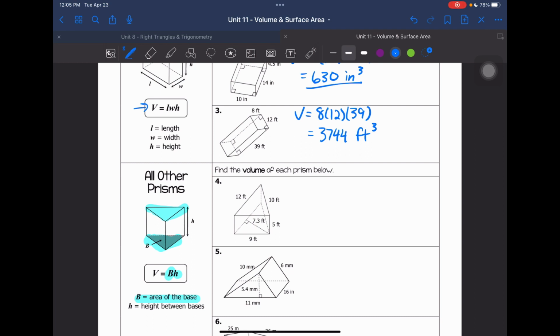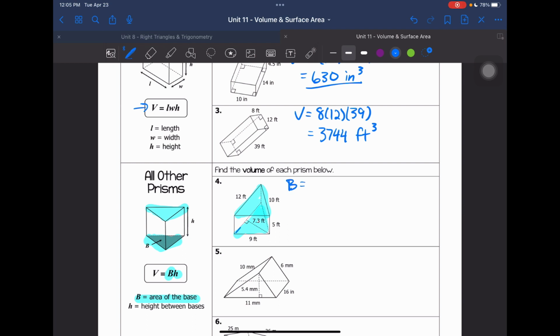Number 4 is a trapezoidal prism, and it seems like we have a triangle on the bottom down here and a triangle on the top. The first thing I want to do is calculate the area of the base.